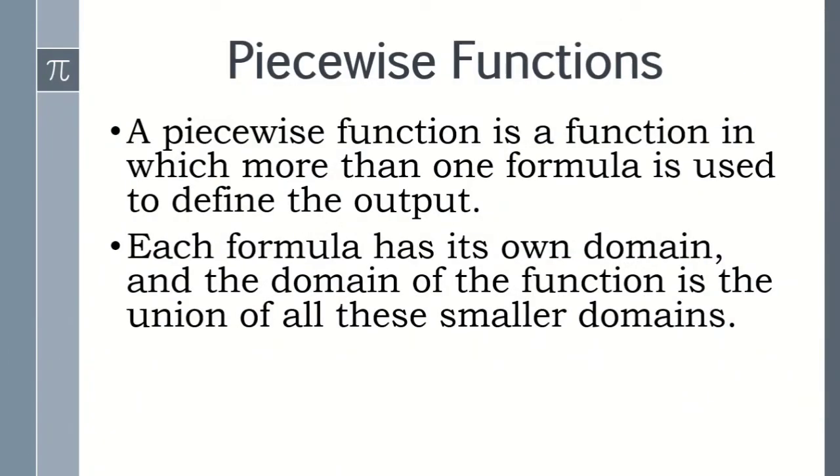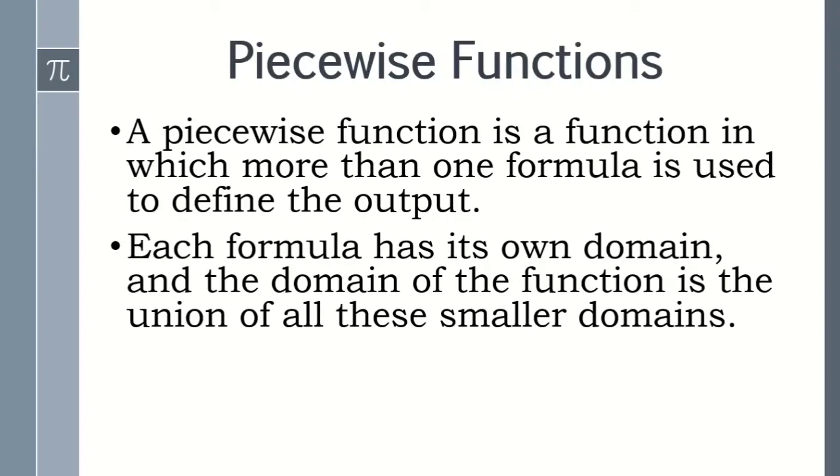Piecewise functions. So, by definition, a piecewise function is a function in which more than one formula is used to define the output. Each formula has its own domain. And the domain of the function is the union of all these smaller domains.